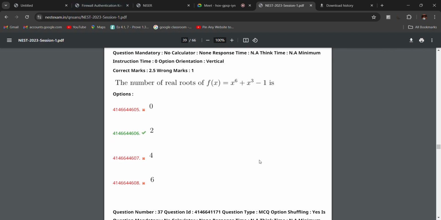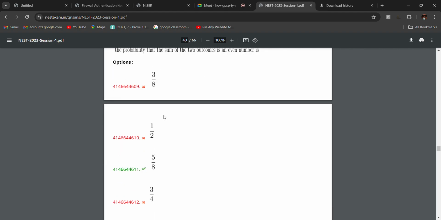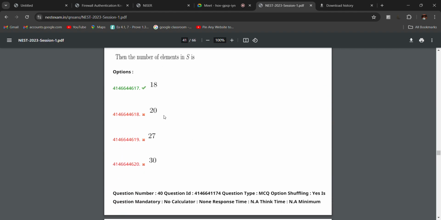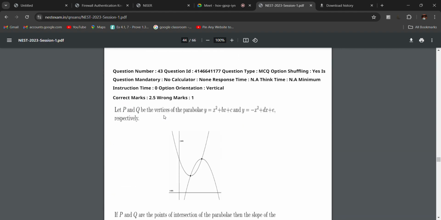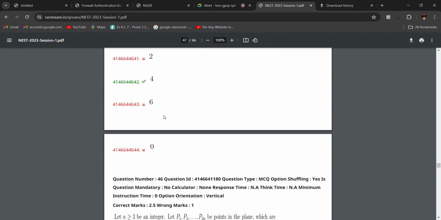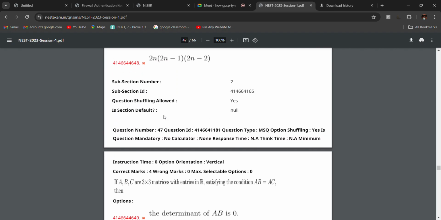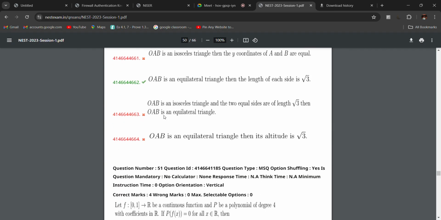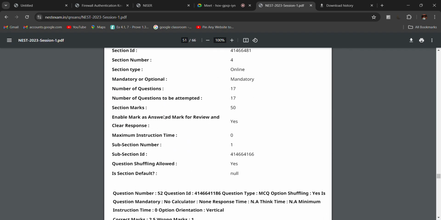Whoever studied this in 12th or graduation knows there is a contour method with which you can tell the real roots or imaginary roots. So I can't comment on mathematics. You can analyze it yourself by seeing the questions.